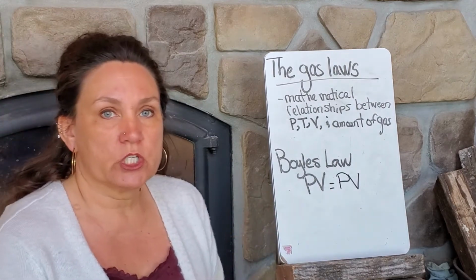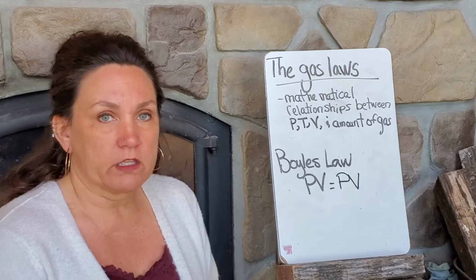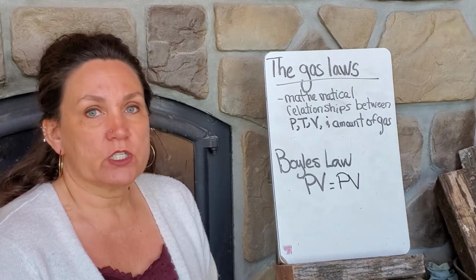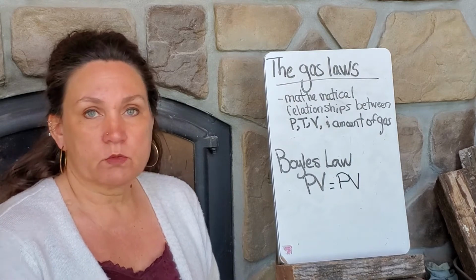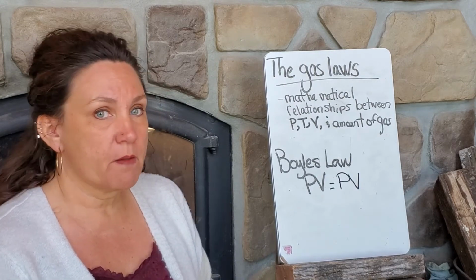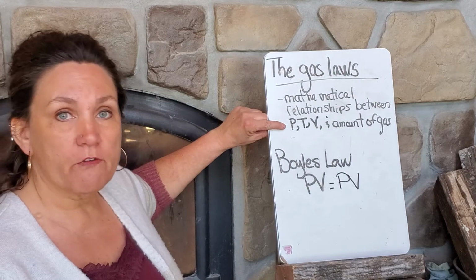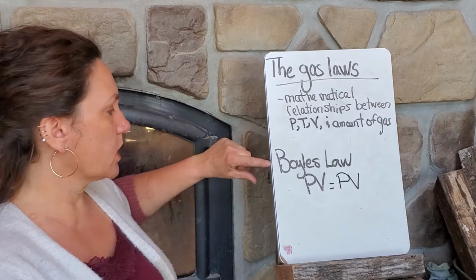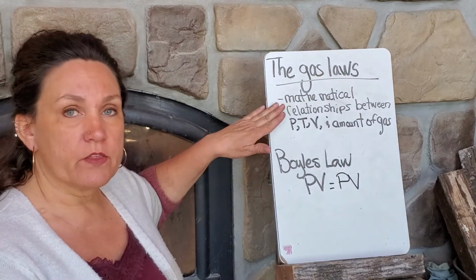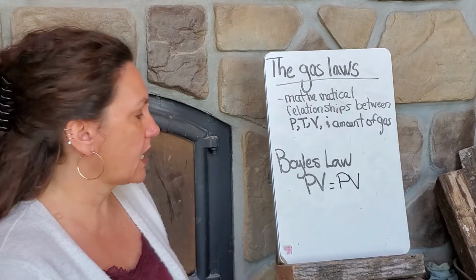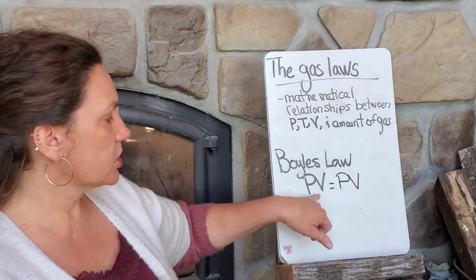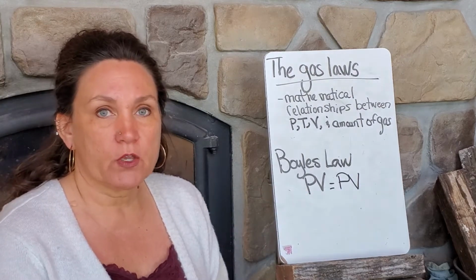Now this relationship is only valid if we do not change the temperature of the system, or as long as we don't add or remove the amount of gas. So here are our variables. If we're working with these two, the other variables have to remain unchanged or this gas law doesn't work. So pressure times volume equals pressure times volume.